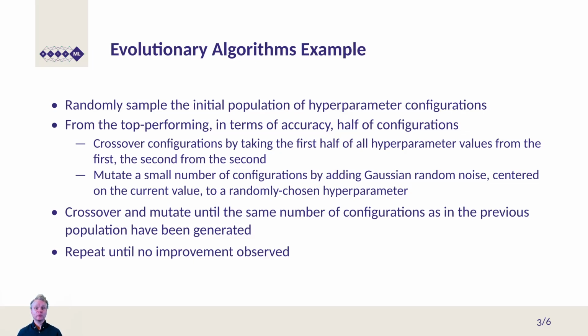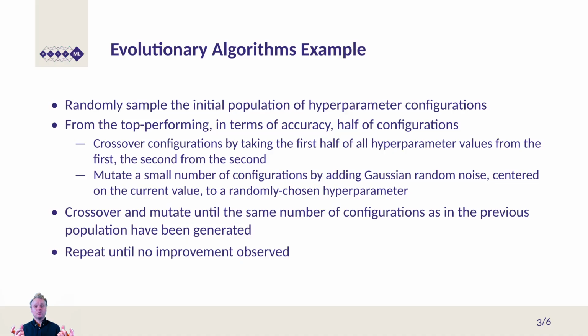This is essentially what we do in the random search that we have covered before, except we do a small number of evaluations there and we don't spend our entire budget on this step. Then we take the top performing half of these configurations, where top performing is defined by whatever performance optimization criterion we choose. This could be, for example, accuracy, and we apply the crossover and mutation operators.